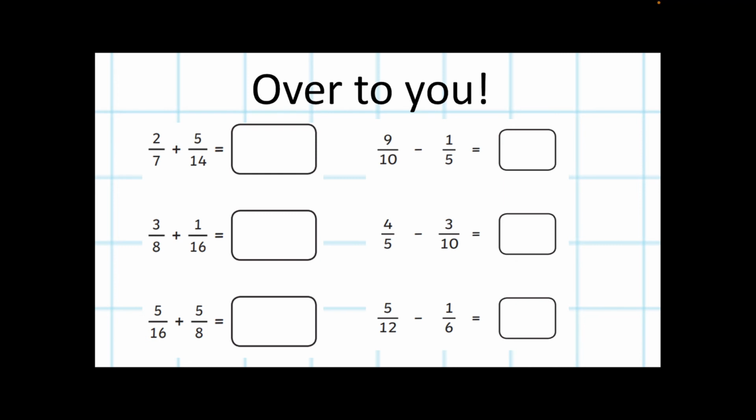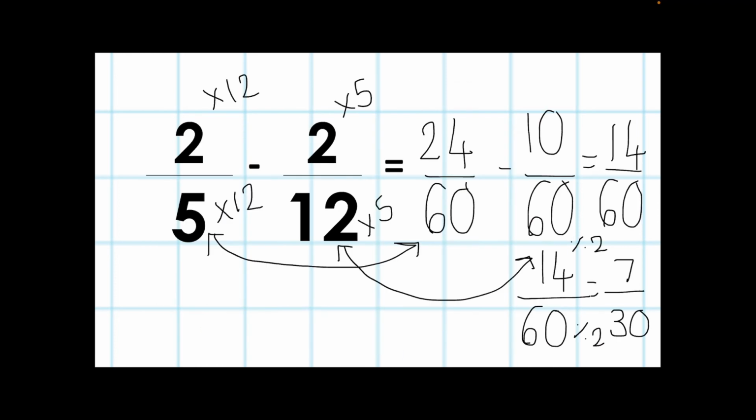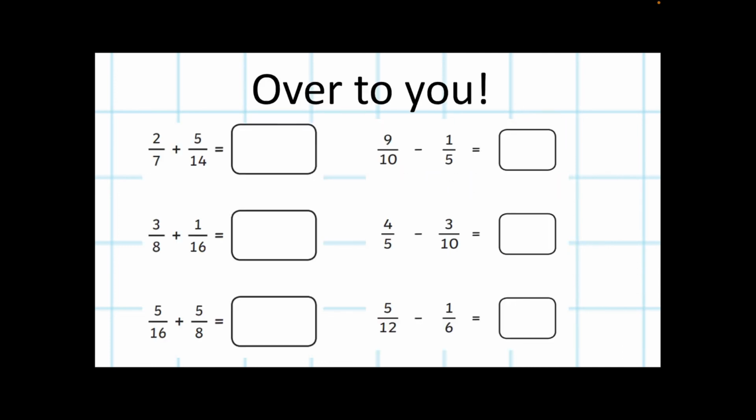If it is, see if you can turn it into a mixed number. If it's not an improper fraction and you have a proper fraction, like this here, 7/30, see if you can simplify it if it's not already in its simplest form. Come back and we'll go through the answers.